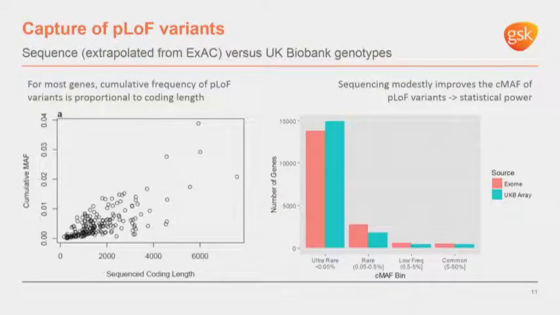So looking just at the coding regions of the genome, so thinking about arrays versus exomes, for example, or arrays versus whole genomes. Our ability to, for example, test what is the effect of essentially losing the function of a gene on the phenotype of interest. Losing the function of the gene can happen through lots of variants that occur within the gene.